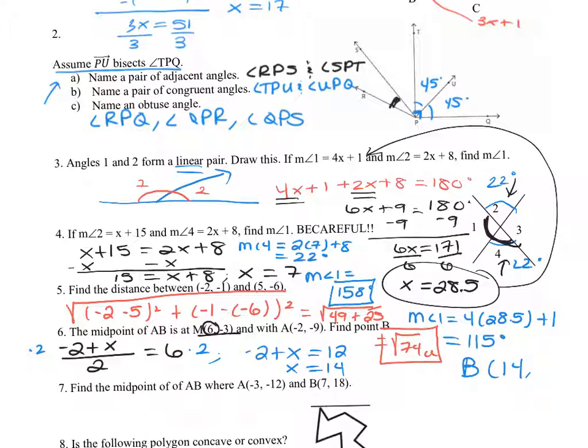So I've got the first coordinate for B, 14. So now I have to find the other one, and I do the exact same thing, but with the y's. So I'm going to look at the y value for the endpoint that's given to me, which is negative 9. I'm going to add that to the y value that I don't have for that other endpoint, split that in half based on my midpoint formula, and set that equal to the y value of the midpoint, which is negative 3.